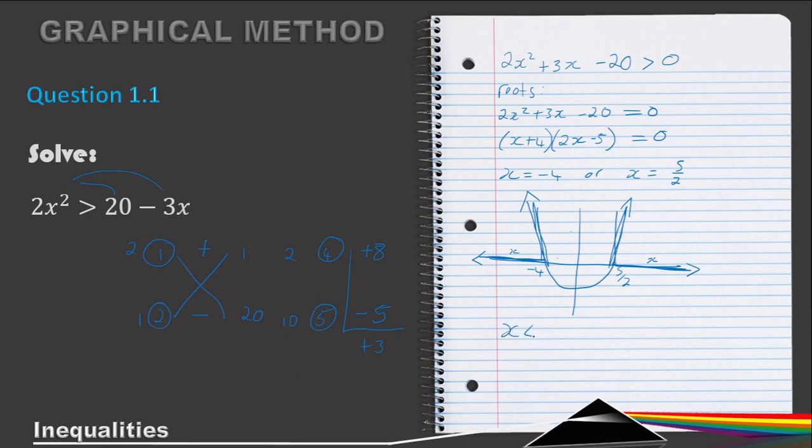And notice it says only greater than 0, meaning the roots are not going to be included, because the expression is equal to 0 on the roots, but this time it's not included. It's just greater than. So on this side, x is greater than 5 over 2. Yeah, and then we're done.